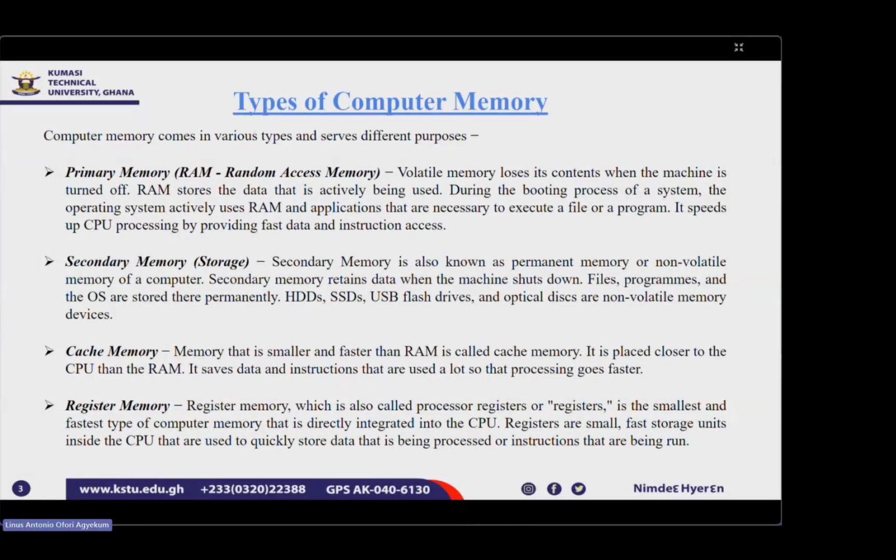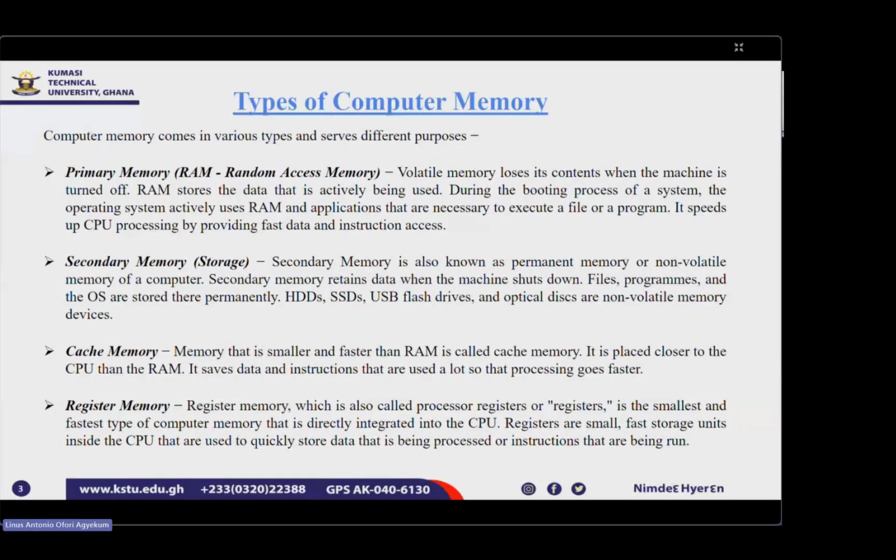So files, programs, and OS are stored there permanently. So example of a secondary memory is the hard disk drive, the solid state drives, the USB flash drives, and the optical disk. These are all non-volatile memory or secondary memory or storage.